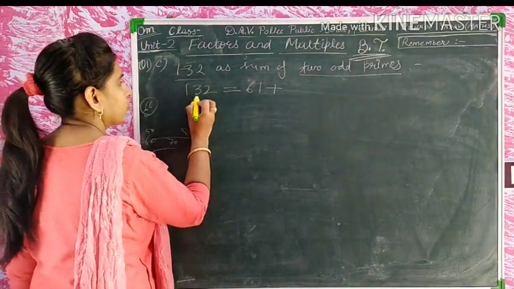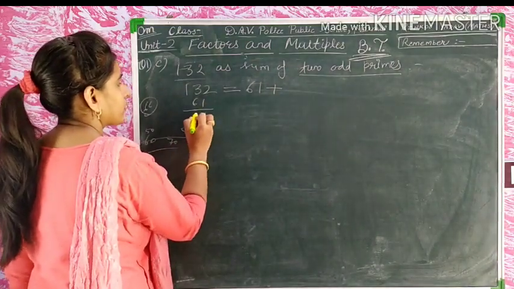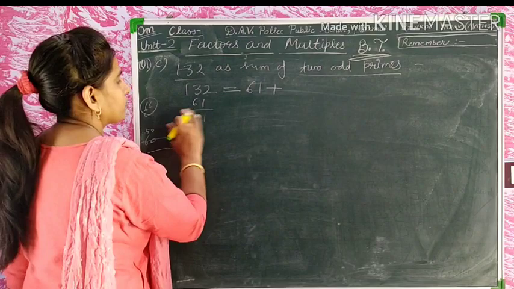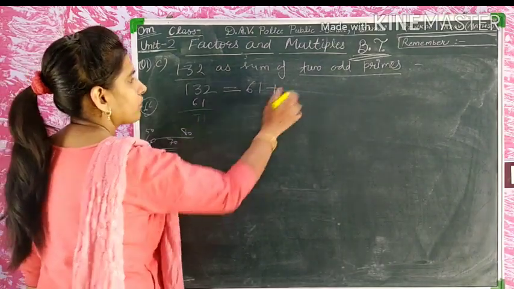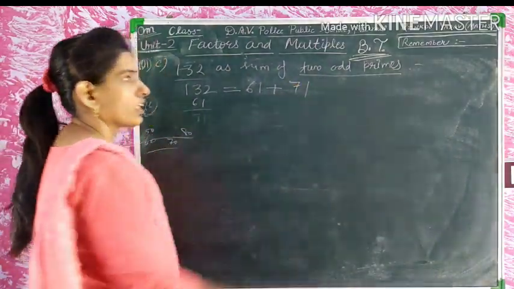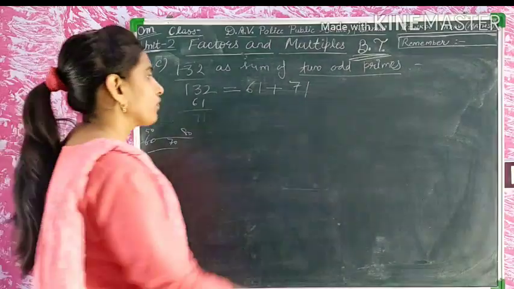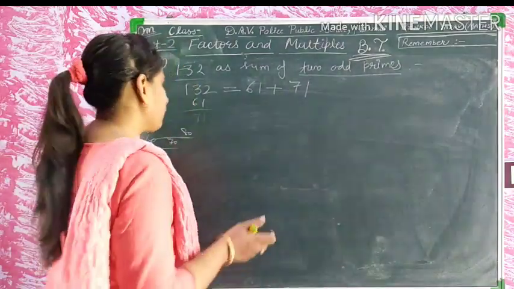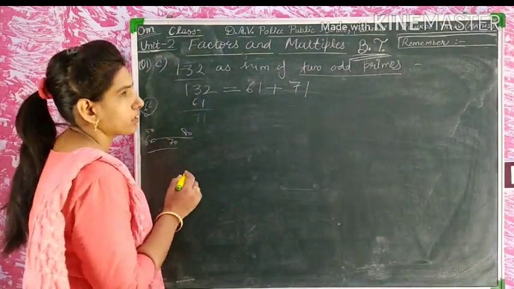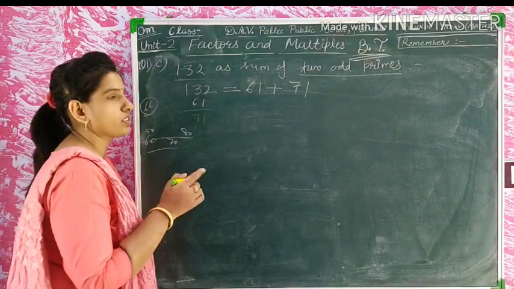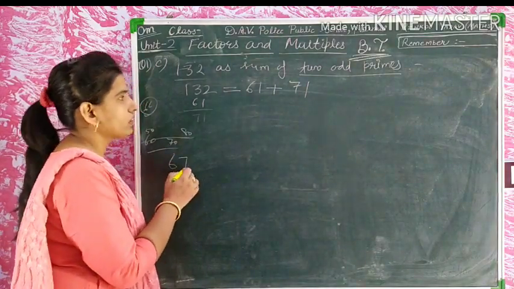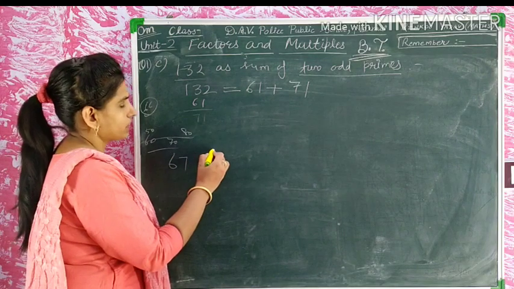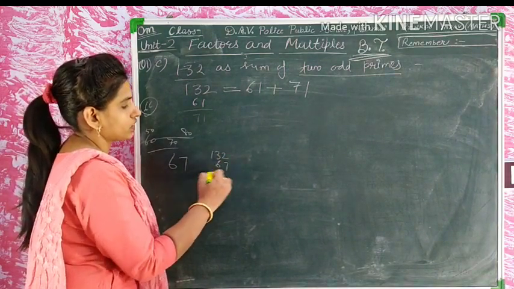So 132 is subtracted by 61, there is 71. It means 71 is the number which is added here, and this is also an odd prime. So we have these two numbers. If we take the prime number 67, then next 132, 67 will be subtracted.